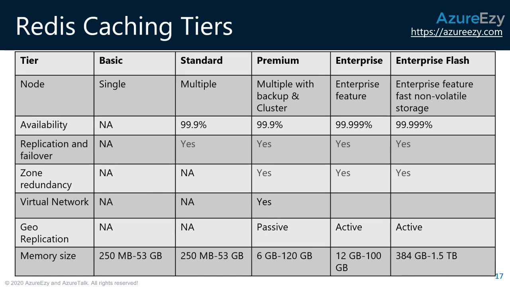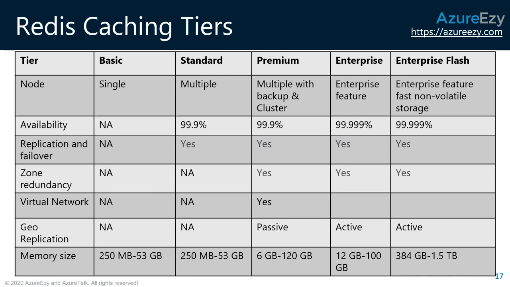Then after premium, you have the next level, which is enterprise and enterprise flash. Enterprise and enterprise flash have a few things in common. Definitely they have all the things that we get in premium plus a few additional things. One additional thing is the availability option. It has a 99.999% availability guarantee.